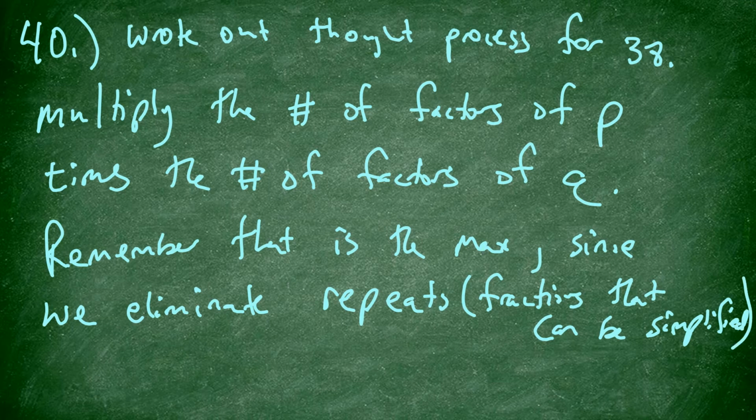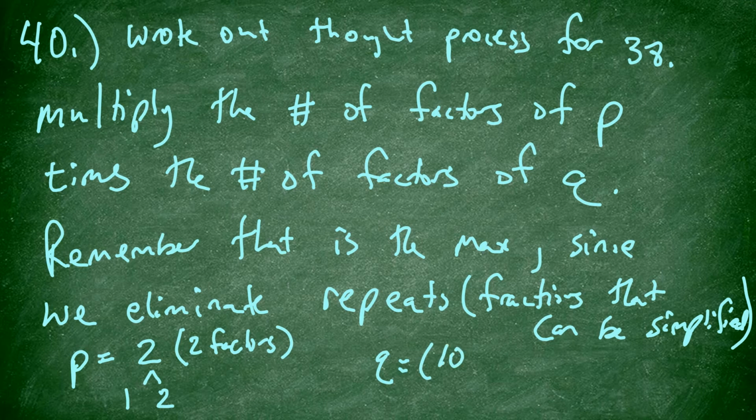And that's it. So for example, if your p was equal to 2, there's 2 factors, 1 and 2. If your q is equal to 10, that's 4 factors, 1 and 10, 2 and 5, plus all the negatives.